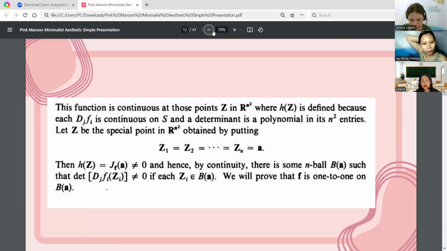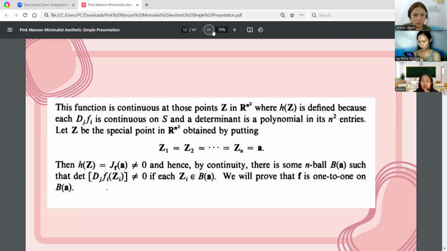This function is continuous at those points (z1, ..., zn) in R^(n squared), where each J(z) is defined because each D sub j f sub i is continuous on S, and a determinant is a polynomial in its n squared entries.